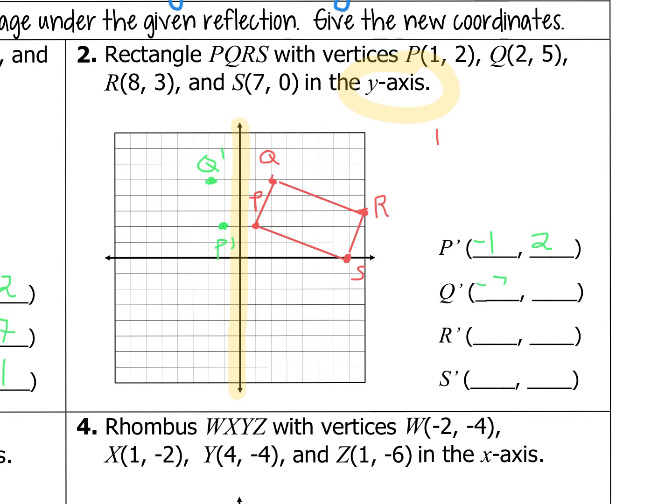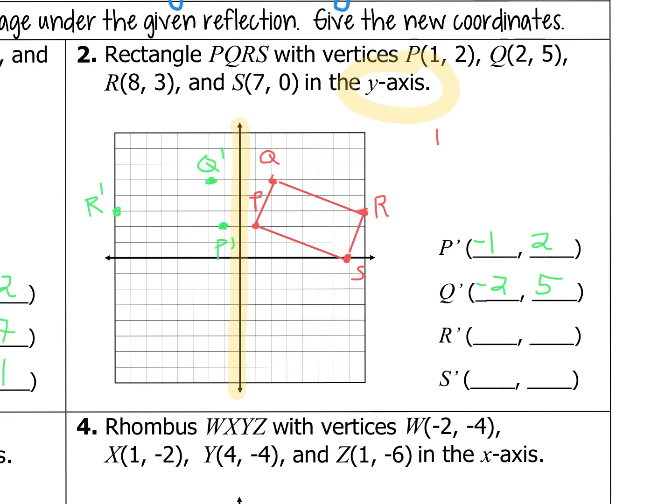So -2, 5. Then the next one is R. R is 1, 2, 3, 4, 5, 6, 7, 8 units away. So you want to go 8 in the opposite direction. Plot a point. We're going to title that R prime.